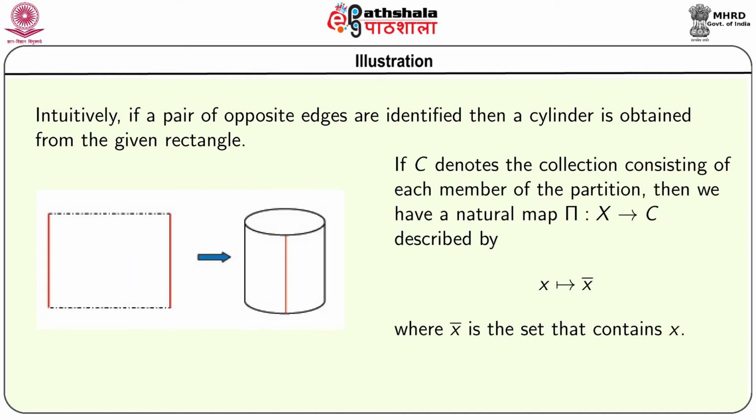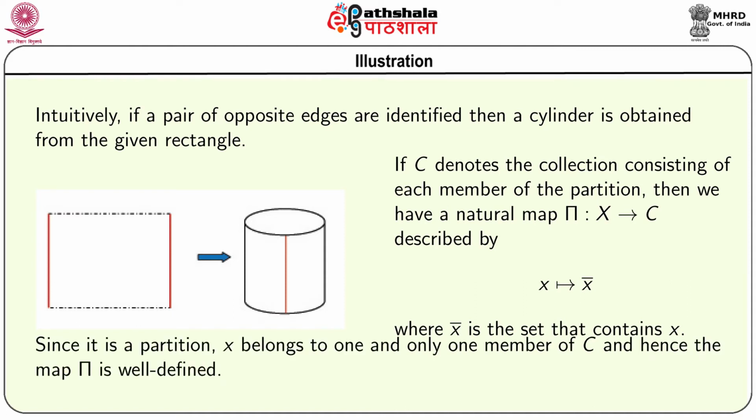If C denotes the collection consisting of each member of the partition, then we can define a natural map pi from X to C, which is described by the point x goes to the point x bar of C, where x bar is the set which contains the point x. Since it is a partition, x belongs to one and only one member of C, and therefore, this mapping pi is well defined.